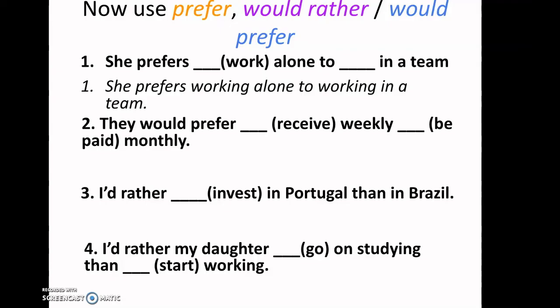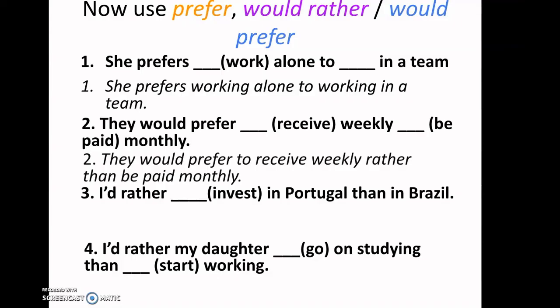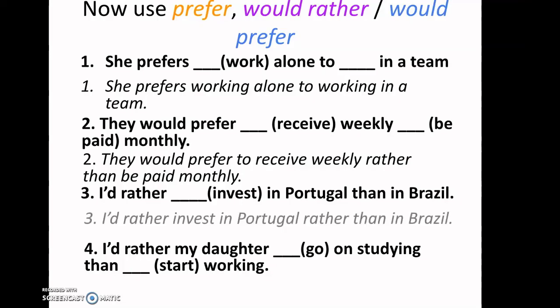Number two, they would prefer to receive, and the second part is rather than be, okay, rather than, and the bare infinitive. Number three, I'd rather, again, I would rather is followed by the bare infinitive, I'd rather invest.